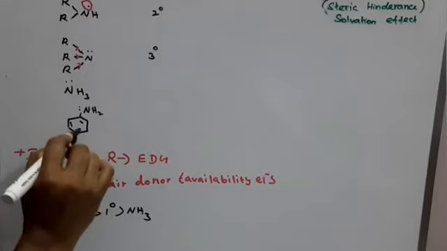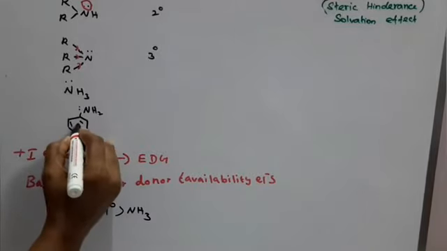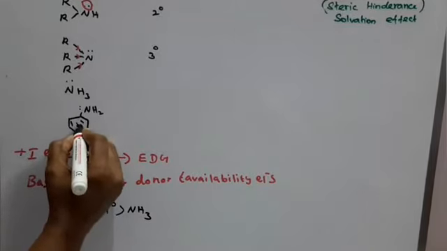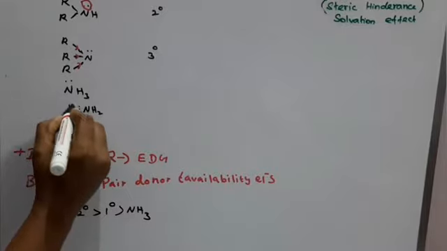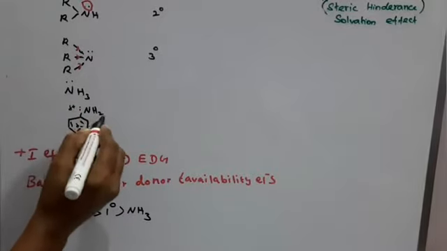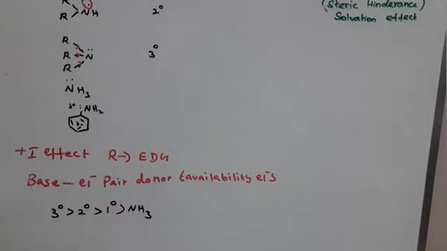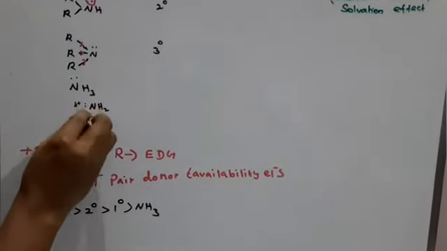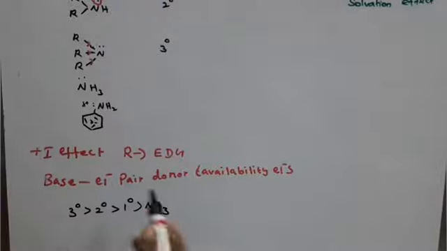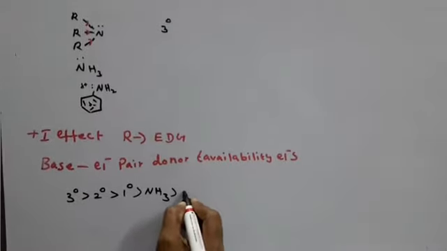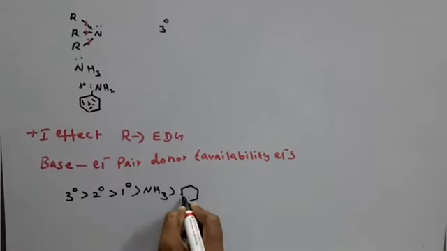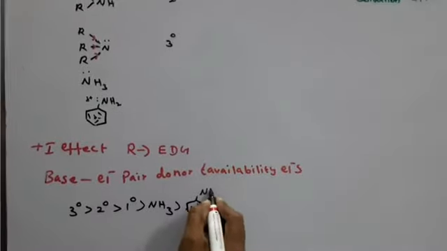The pi bond delocalization takes place, with delta minus and delta plus. So there is no availability of electrons, no electron density on the nitrogen atom, and this is the least basic character.